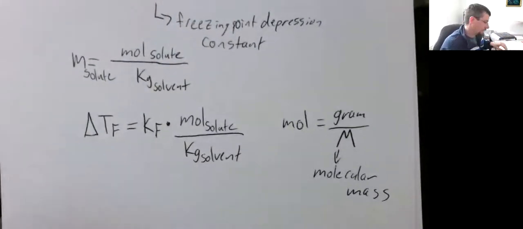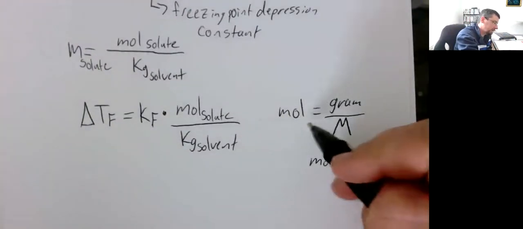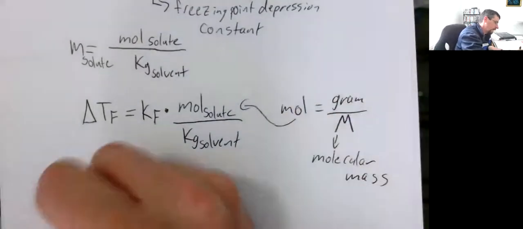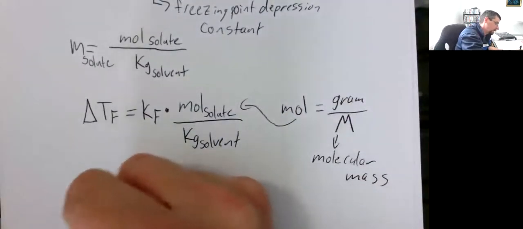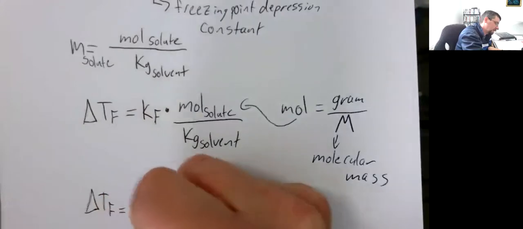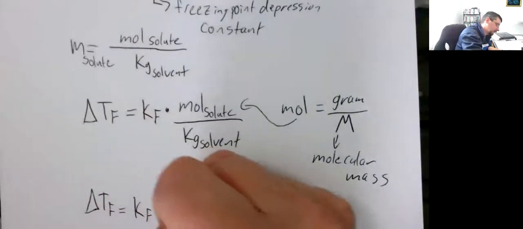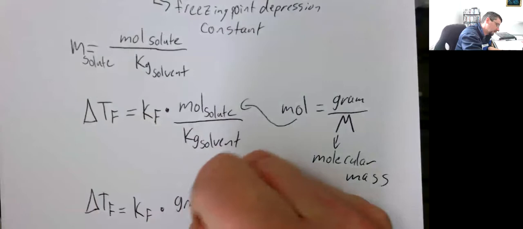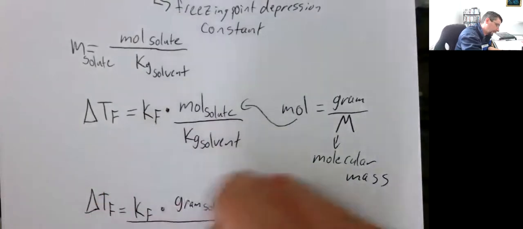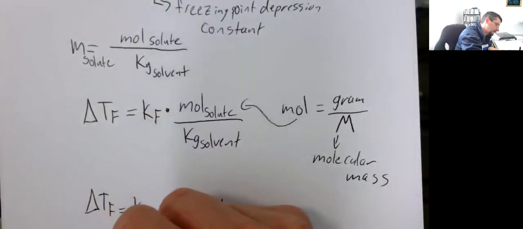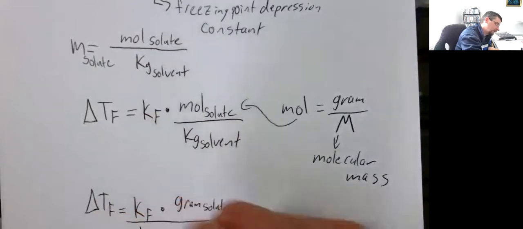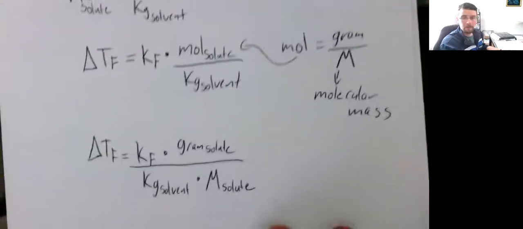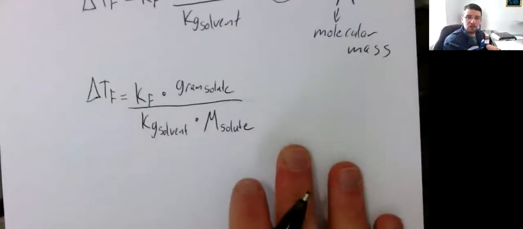Okay, so now we have that, we can plug this back into this equation. And what we result in is delta TF is equal to Kf times our grams of solute divided by kilograms solvent times our molecular mass of our solute. Okay, so we have this as an expression.